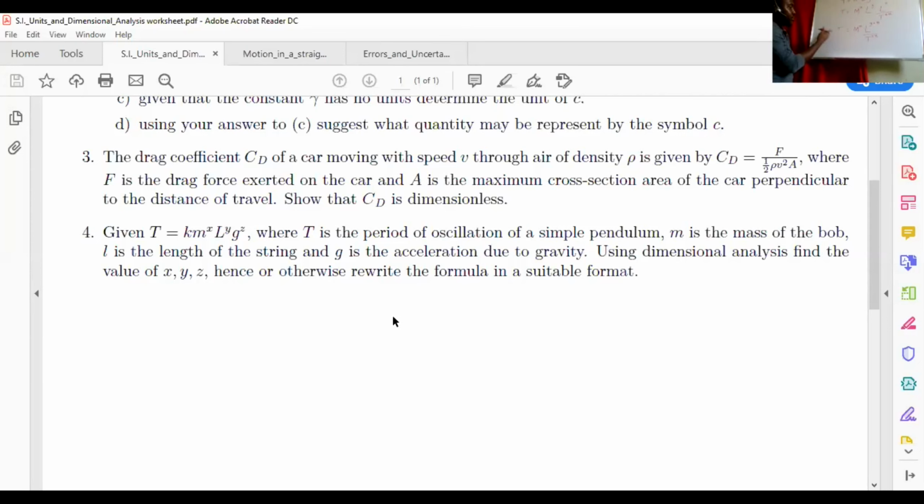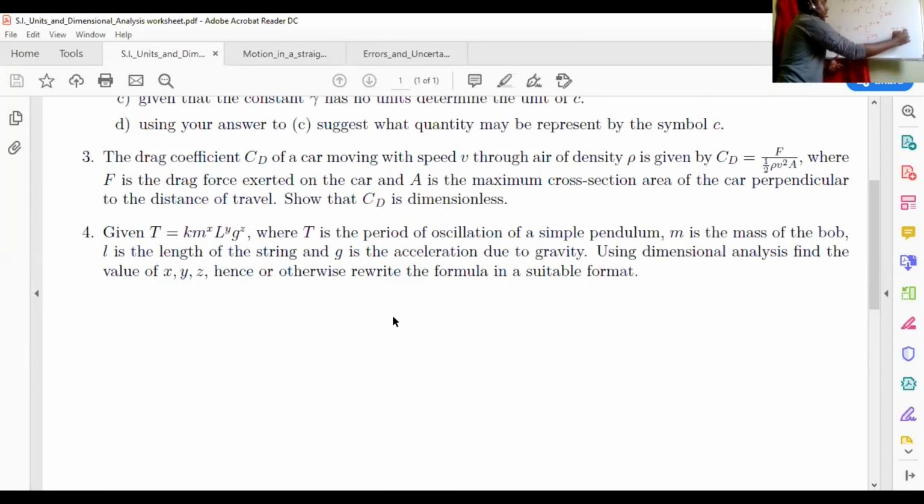So we notice that there's no M on this side, so that shows that X is equal to 0, because there's no M on the left side. Now we have the T's here. So this T is a 1. And that T there is to the power negative 2Z, because it's being divided here.